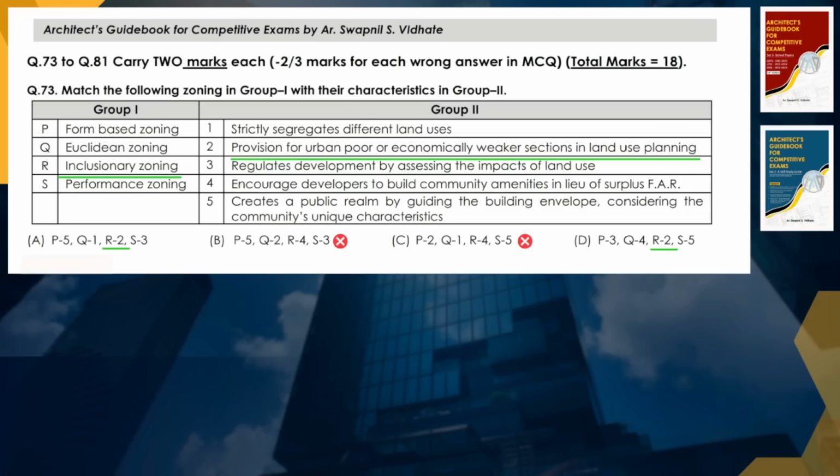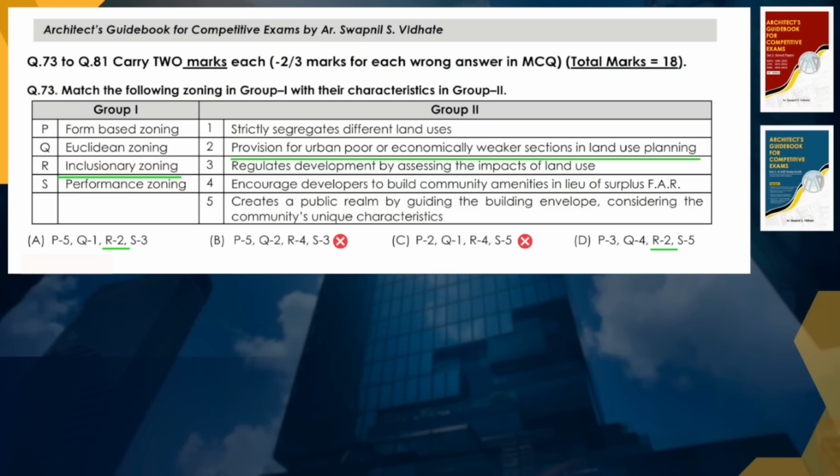Now first, if you focus on the zoning which is mentioned at serial number R in group 1, it says inclusionary zoning. So what does it mean? That the zoning is taking care of all the sectors of society, that is the urban poor. It includes the spaces to be provided, the zoning to be provided for the urban poor or the economically weaker section.